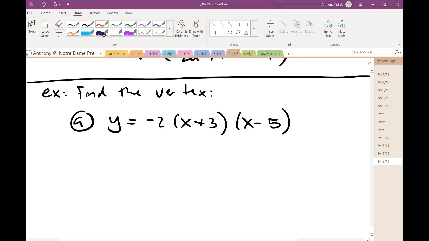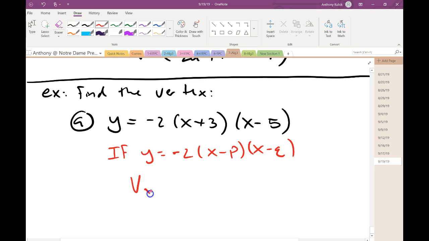So first thing I'd want to do is identify which form my equation is in. Is this vertex form, intercept form, or standard form? Intercept form. Remember, the equation for intercept form is... okay with that?